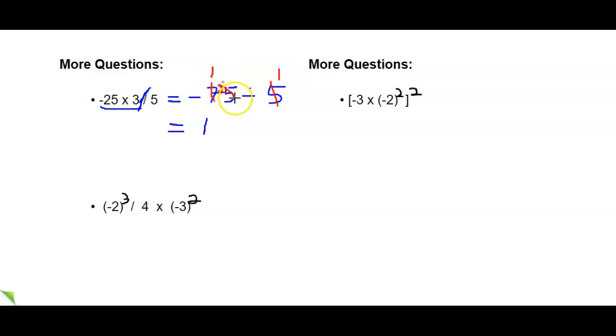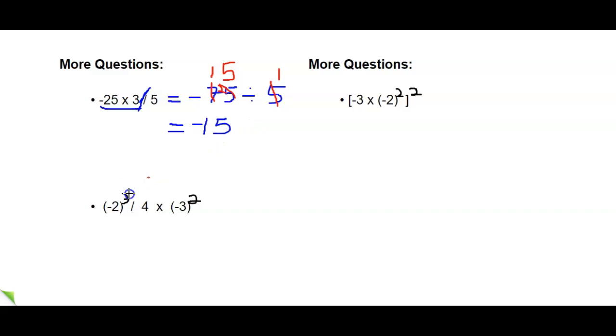Then 5 into 25 is 5. So negative 75 divided by 5 equals negative 15, because a negative divided by a positive is a negative, and that's our answer here.